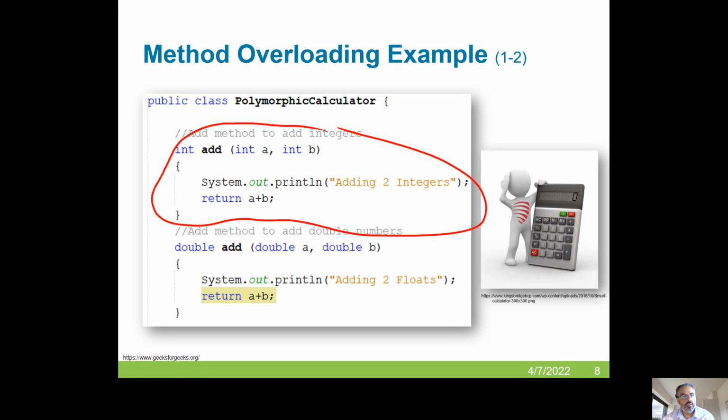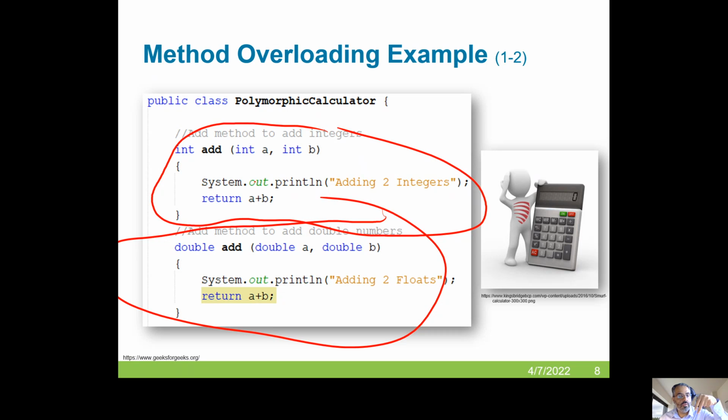It takes two integers and returns the summation of these two integers as an integer. We can have another definition for the same method. However, this definition is going to take two doubles and return a double.